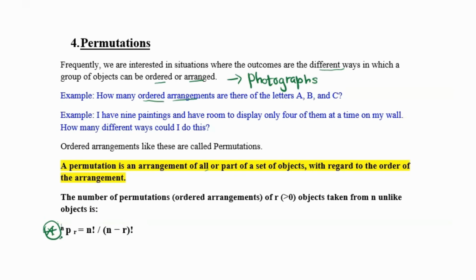We have n different objects, and from the n different objects, we have to choose r. So if we are doing that choice, say we have n different objects, and all these are different, by the way. And out of these, say we have 5 for now. Out of these 5, we have to choose 3.